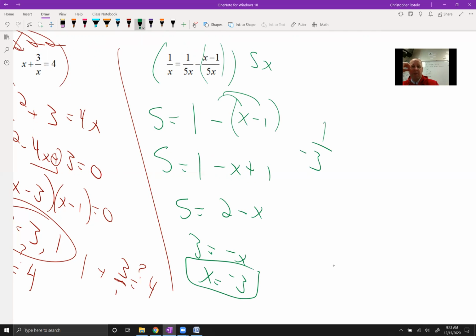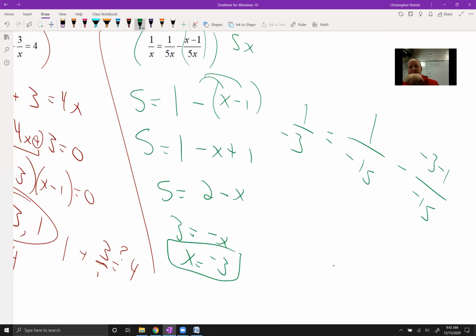1 over negative 3, 1 over negative 15, and minus, let's go with negative 3 minus 1 over negative 15. So here, let's go ahead and combine our like terms. All right, so what do we got here? I got negative 4. So we get 3 over negative 15.